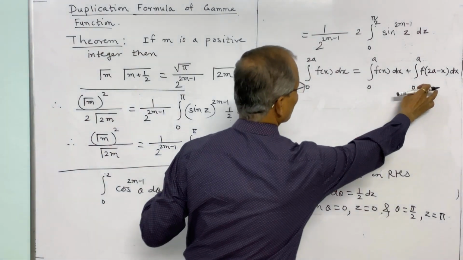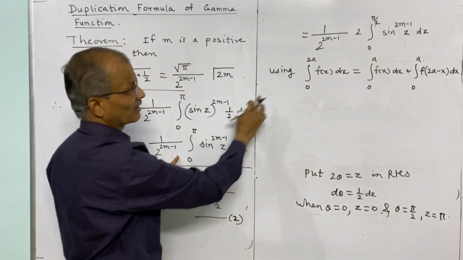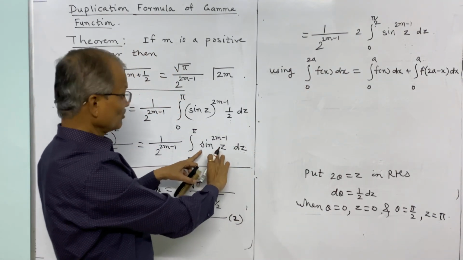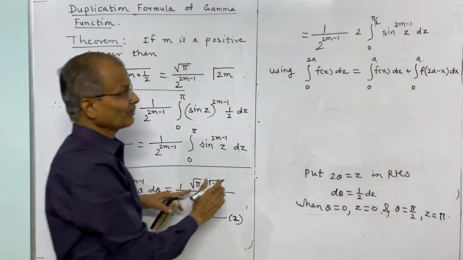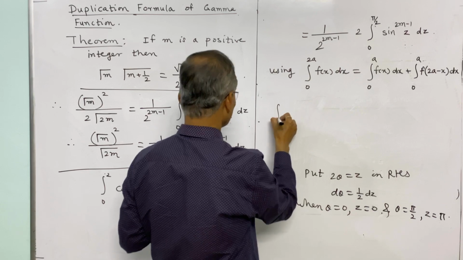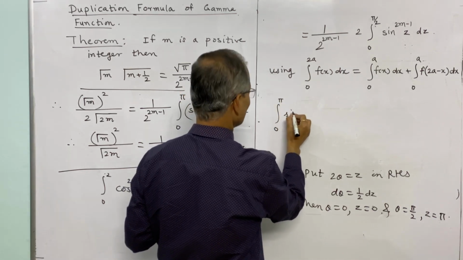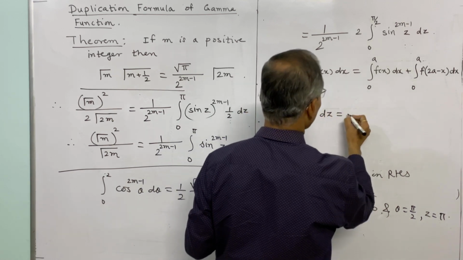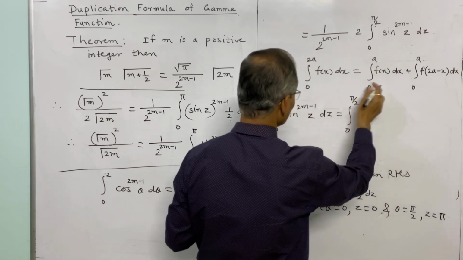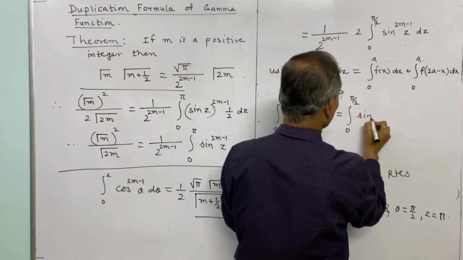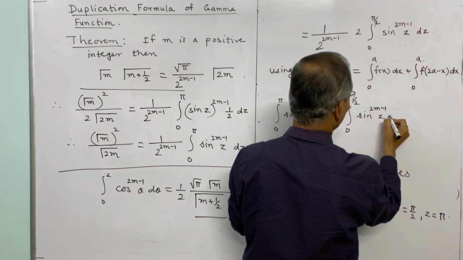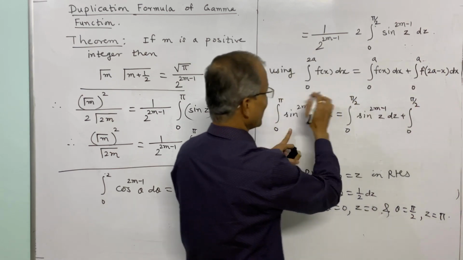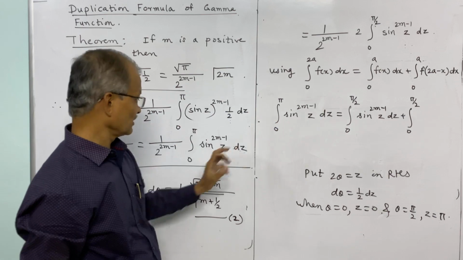and what is the second part? That will be integral again 0 to half range, 0 to pi by 2, sine of 2a minus z, and 2a here is pi. So integral 0 to pi sine z to the power 2m minus 1 will be equal to integral 0 to pi by 2 the same sine z to the power 2m minus 1, plus again 0 to pi by 2 half range, using this result for this integral.